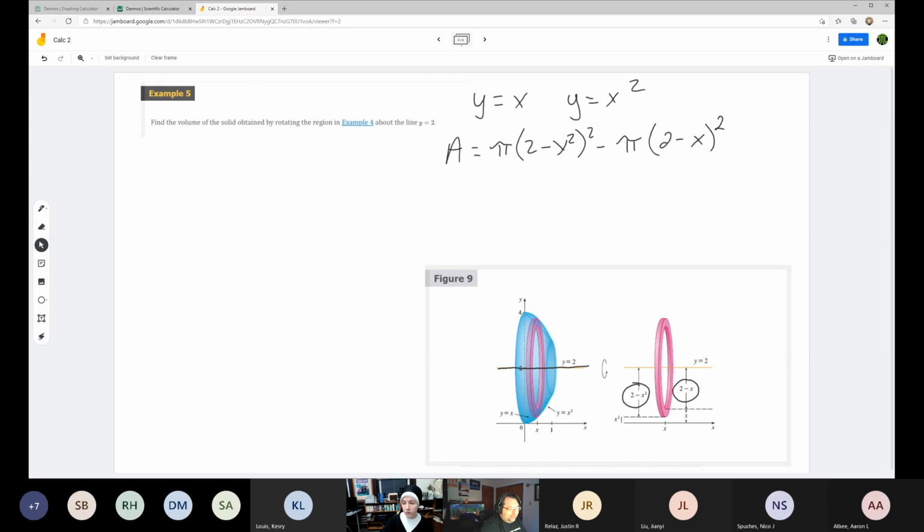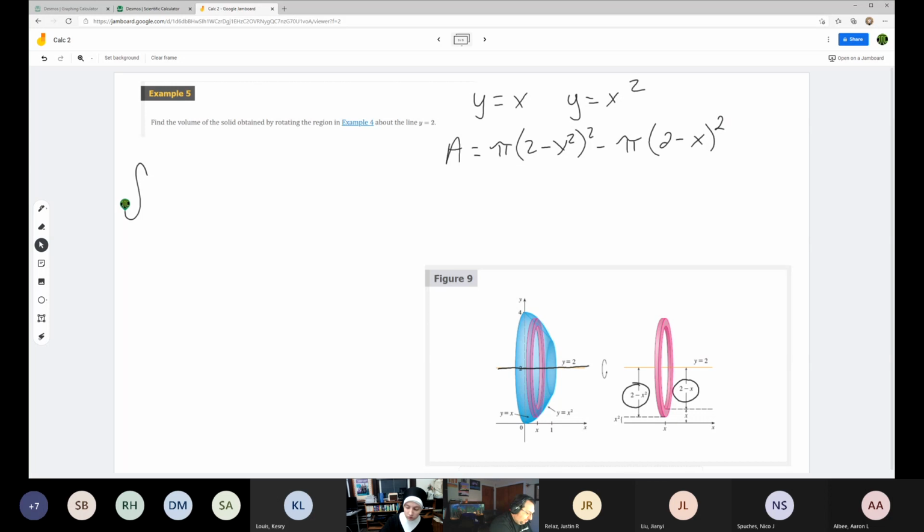So that's the other reason we have to really think about what's the inside and what's the outside. In the last one, the x was first and the x squared was second, and in this one, it's reversed.